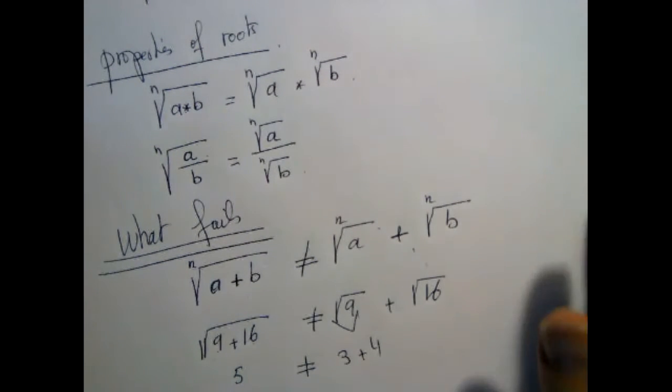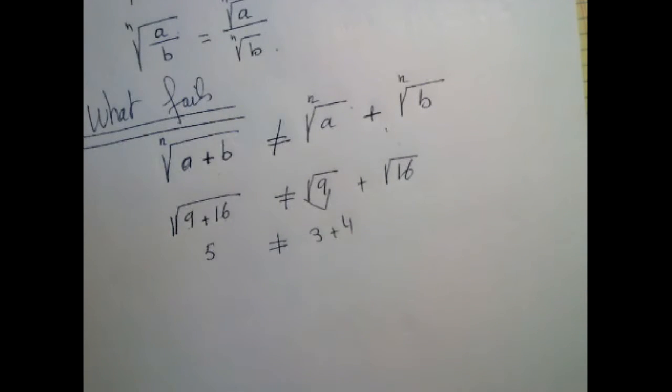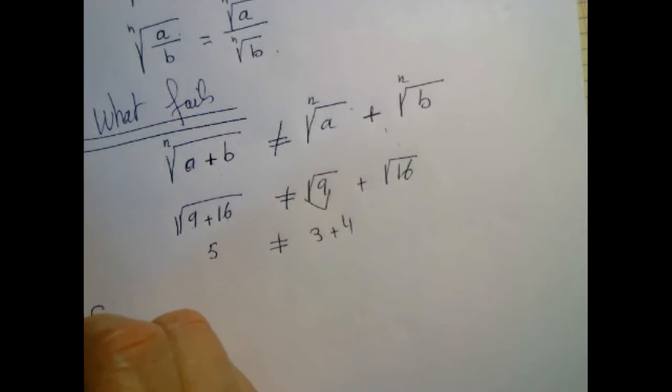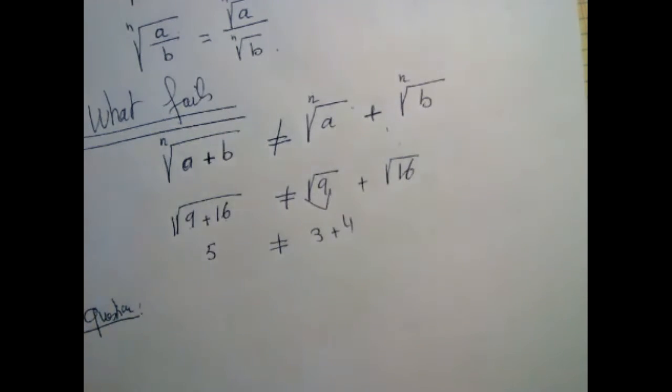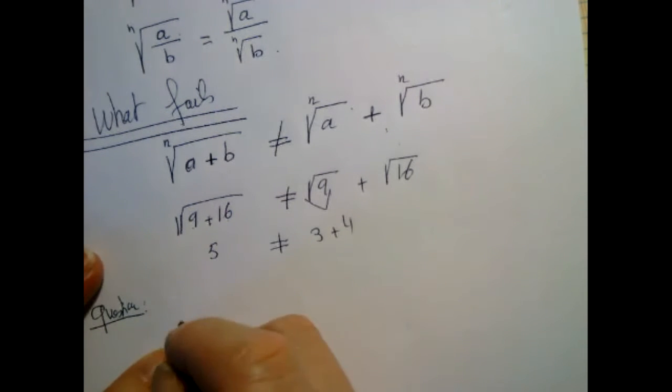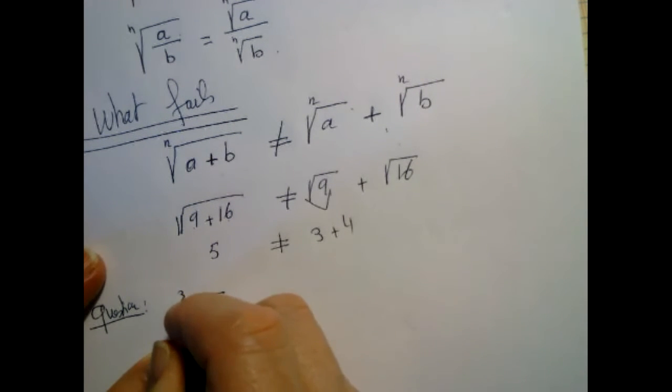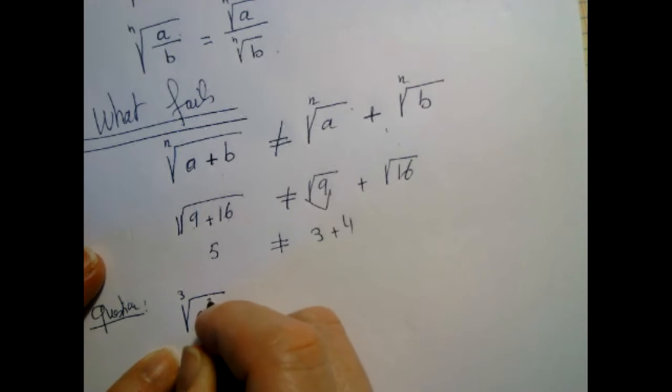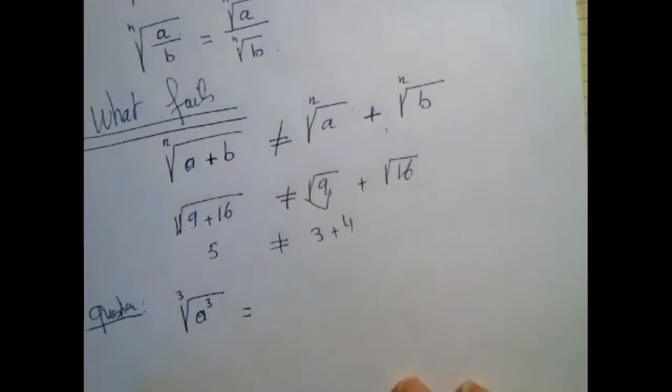Okay. So now, before I move on to exponents, let me ask you a very simple question. I want you to simplify so no roots remain. I'm going to give you something with a square root or cubic root, and I don't want the root to remain.